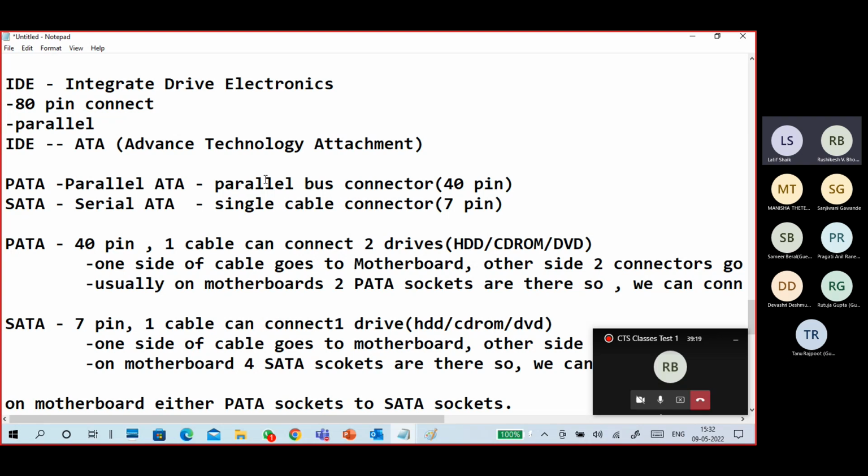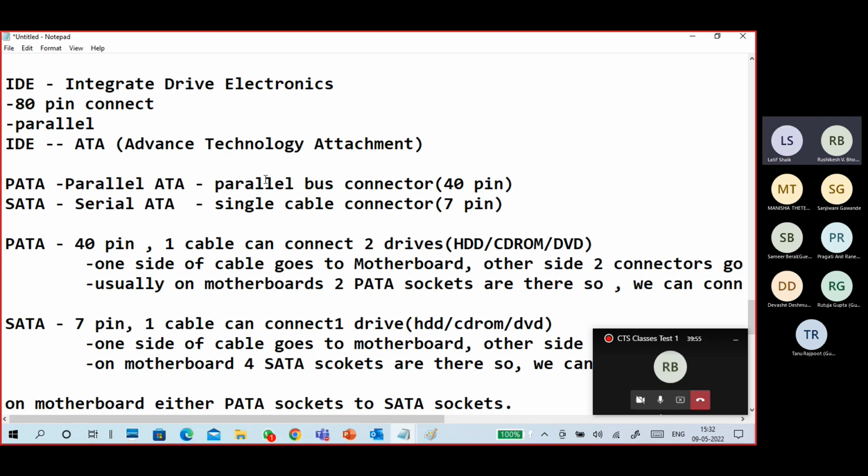It has a 40-pin connector, and one connector can connect two devices. One side goes to the motherboard, the other two go to the devices. So totally four devices we can connect to a regular motherboard, because generally we have two connectors. The power socket is called a Molex connector.